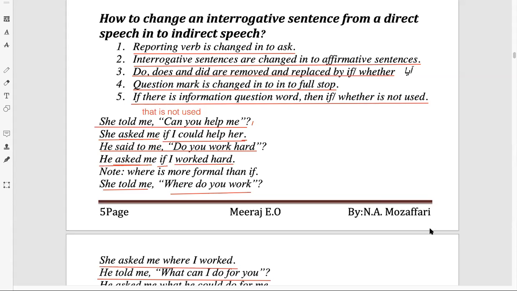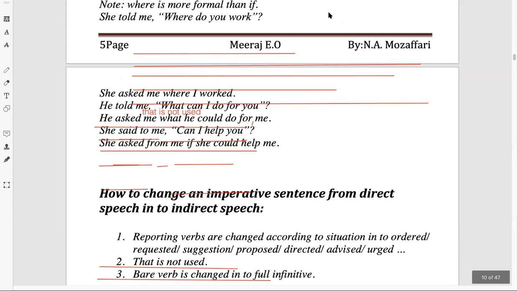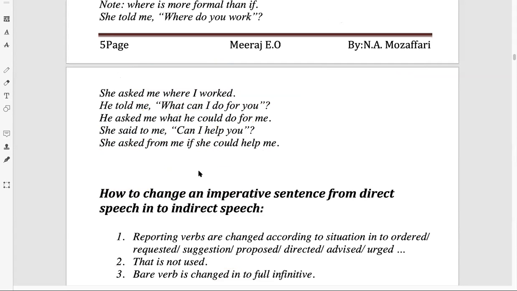Okay, thanks guys, time is over. Look at this example now. The question was, he told me, what can I do for you? So when you change it to an indirect sentence, first, told is changed to asked. He asked me.